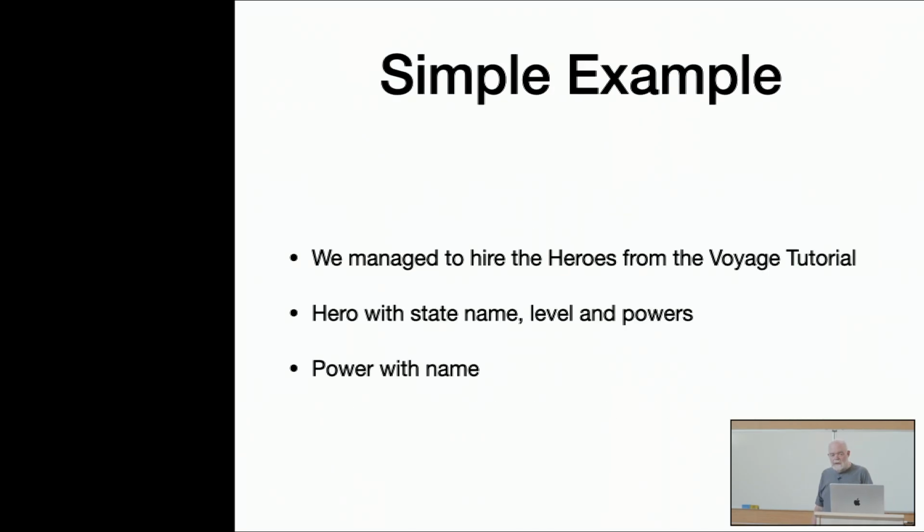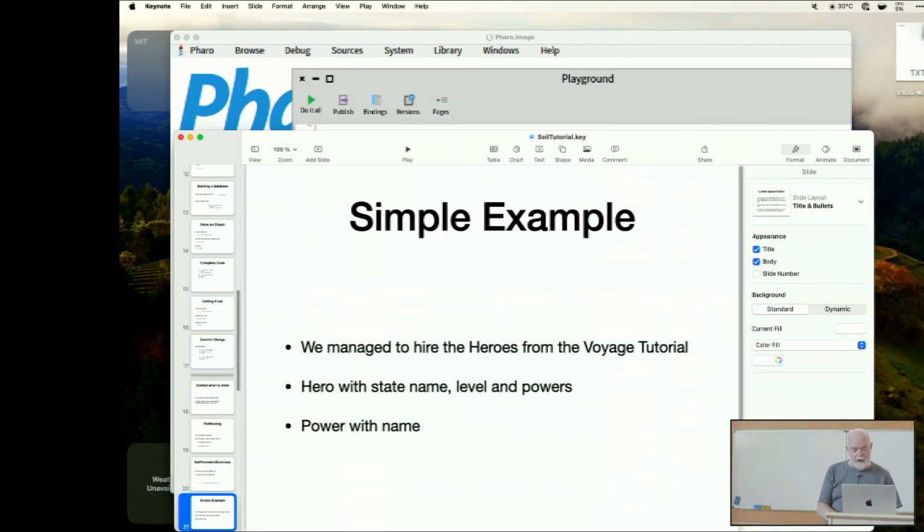For that example, I actually hired the heroes from the Voyage tutorial who were really happy to join. It's a very simple example. So we have a class Hero with name, levels, which we don't use, and the powers that the hero has. And the power is actually just an object with a name. And I can show that in the image.